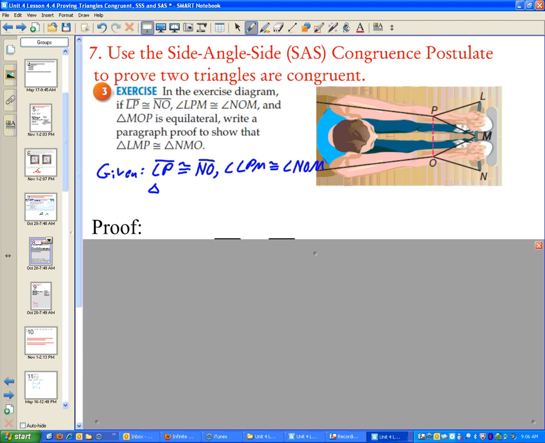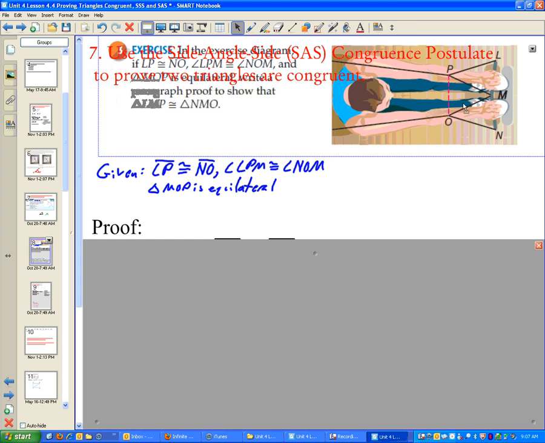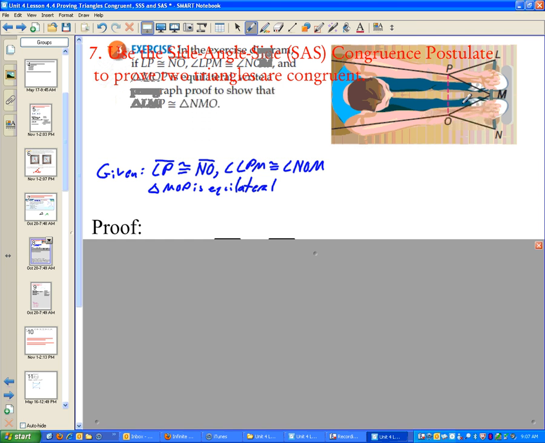And we're given that triangle MOP is equilateral. We have to prove that triangle LMP is congruent to triangle NMO.